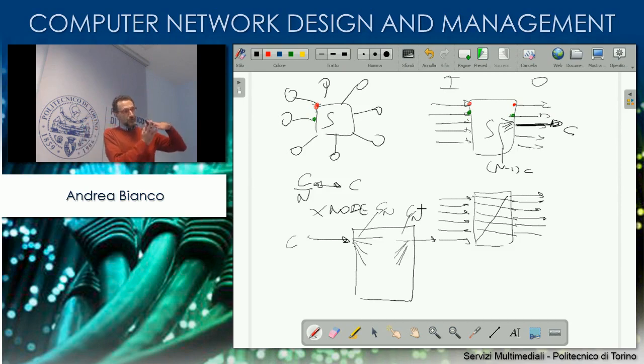The point is that you generate C, you distribute this C uniformly among any output port, so that any output sees one portion, which is C over n, from any of the n inputs. So the total that you receive on any output is C. The total you generate is C, and so you are fully loading any input and any output, like you do in this example.